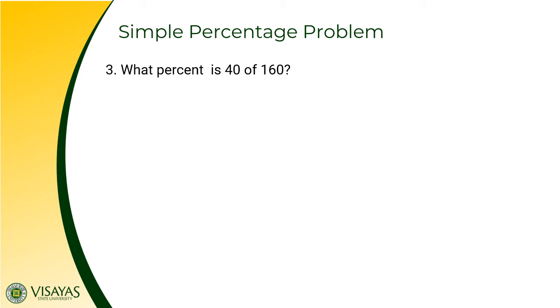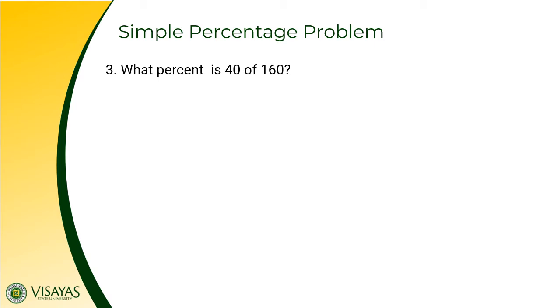Let's have here: what percent is 40 of 160? Let us now determine again what is the unknown. Is it the x, is it the y, or is it the z? Kanina, yung unknown natin ay z at y. And this type of problem, yung unknown naman natin is yung x, 'di ba?